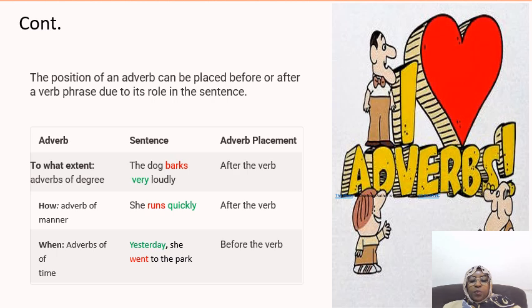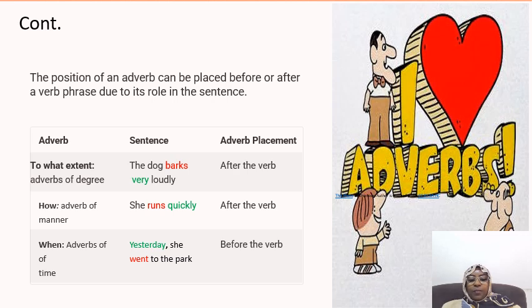Very good. Now let's see the adverb of manner, which means how. She runs quickly. How does she run? She runs quickly. So our adverb is quickly. It comes after the verb.